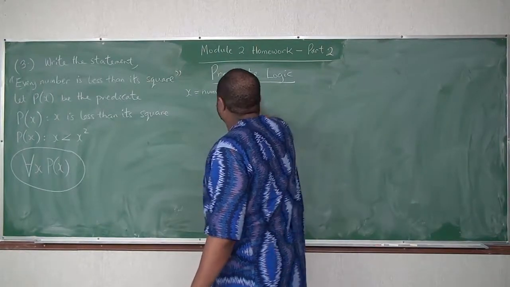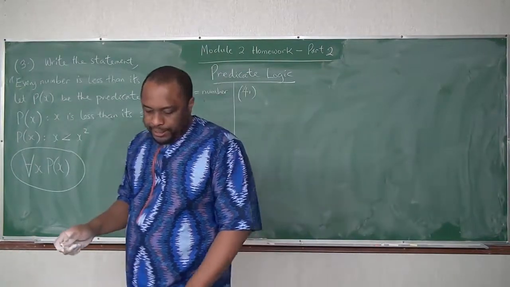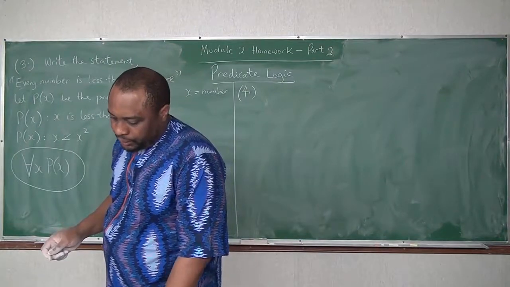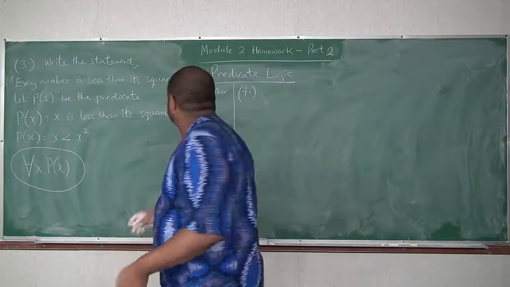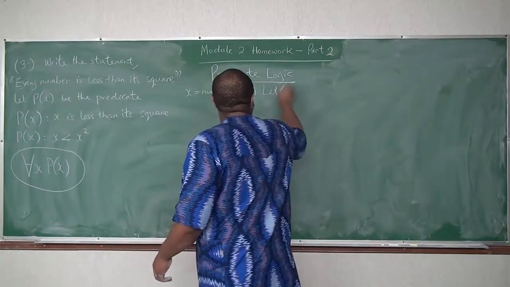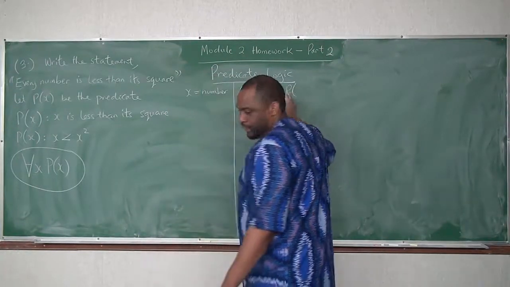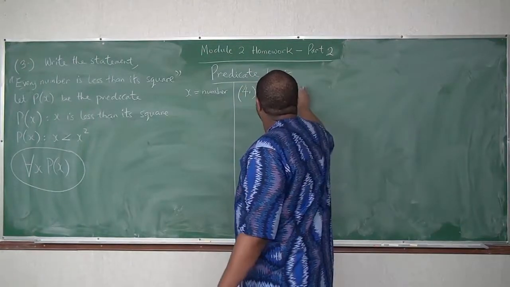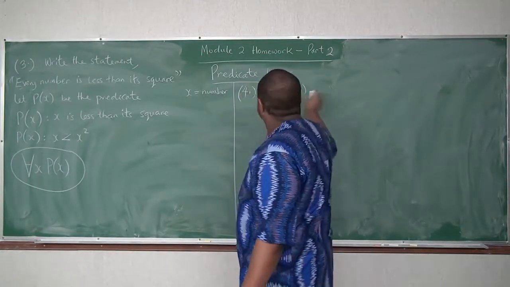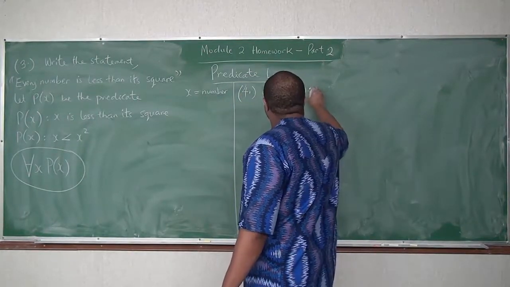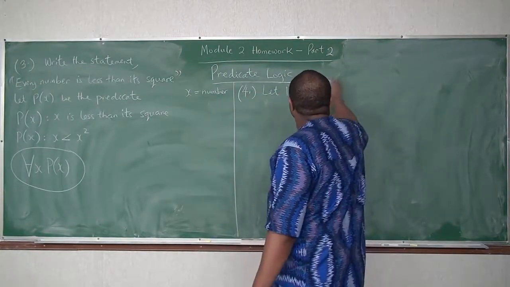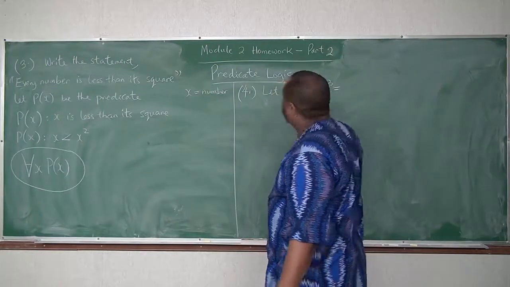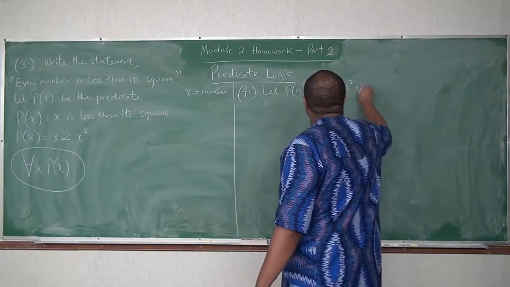Now, question 4. They give you the predicate. Let P of n be such that n cubed is equal to n squared plus 6n.